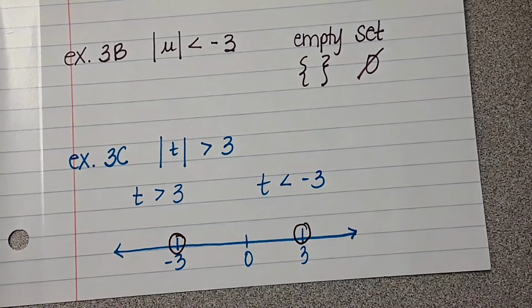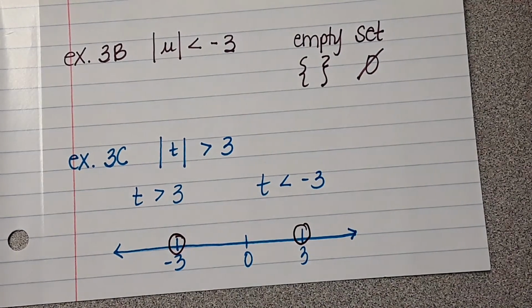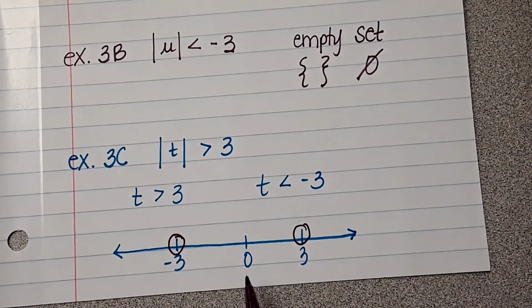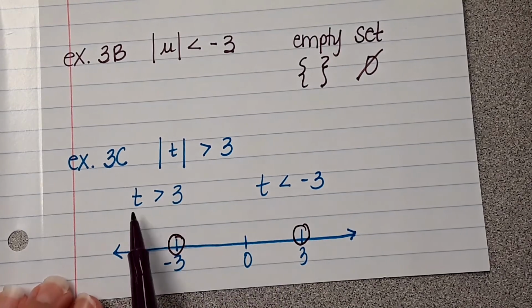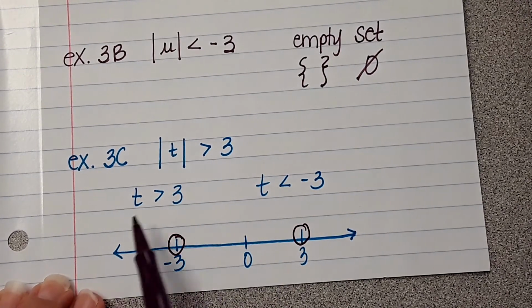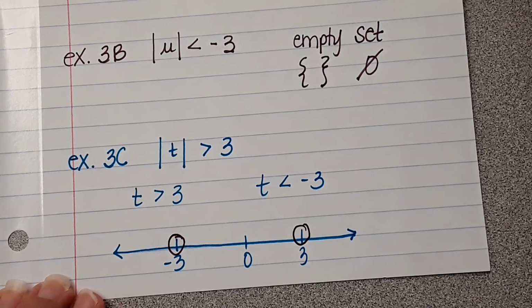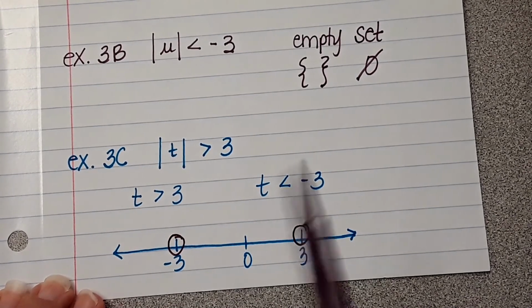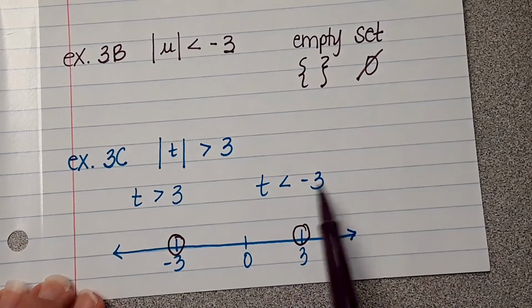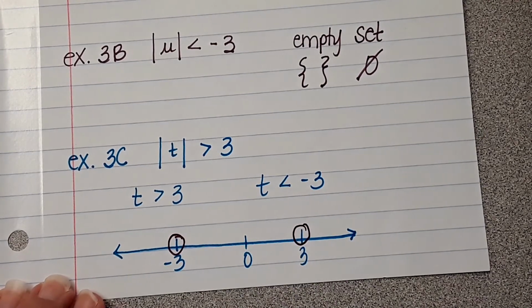Now, I'm going to show you why this is an OR, and we're going to plug in 0. Is 0 greater than 3? Is that a true statement? No. Is 0 less than -3? No. So shading in between gives you a false answer.